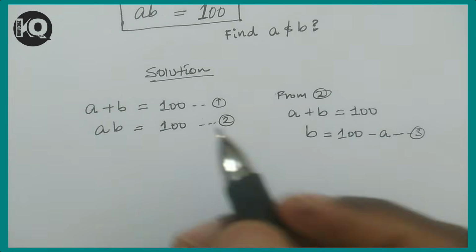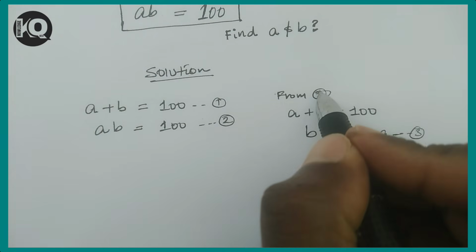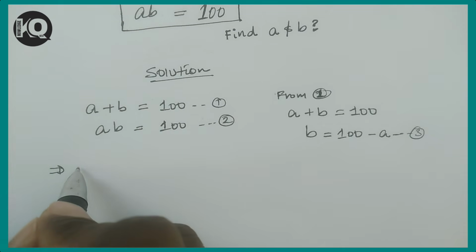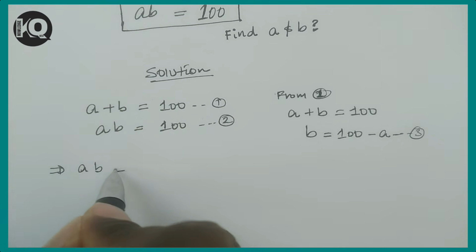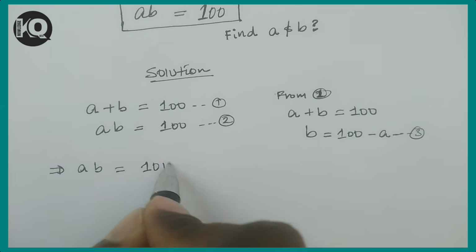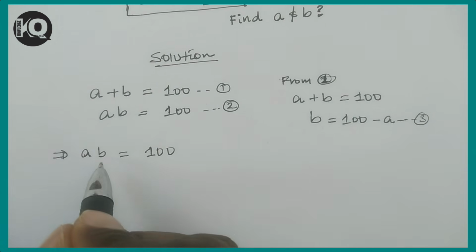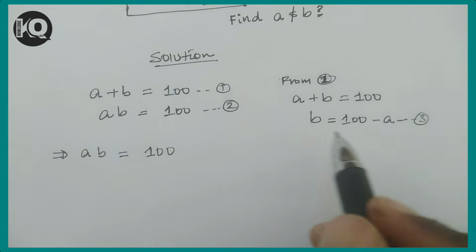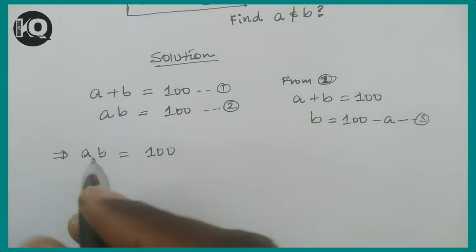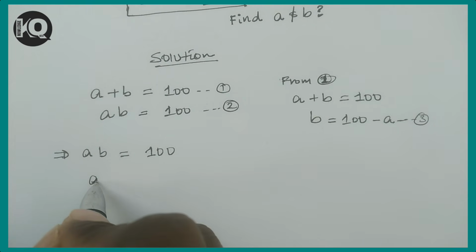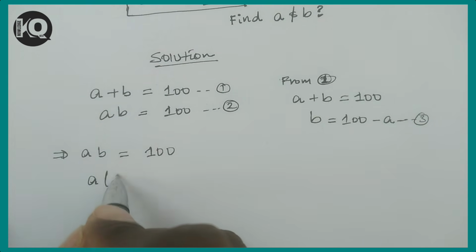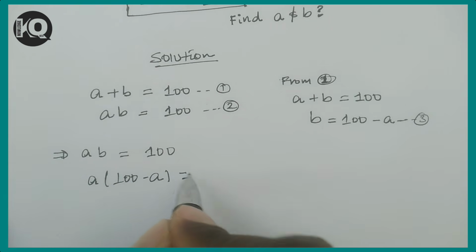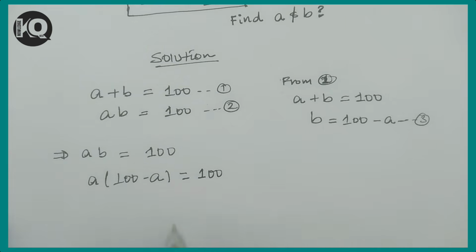From equation 2 we have a times b equal to 100. From equation 3 we have b in terms of a, so we can substitute b into this equation. So a times b, which is 100 minus a, is equal to 100.